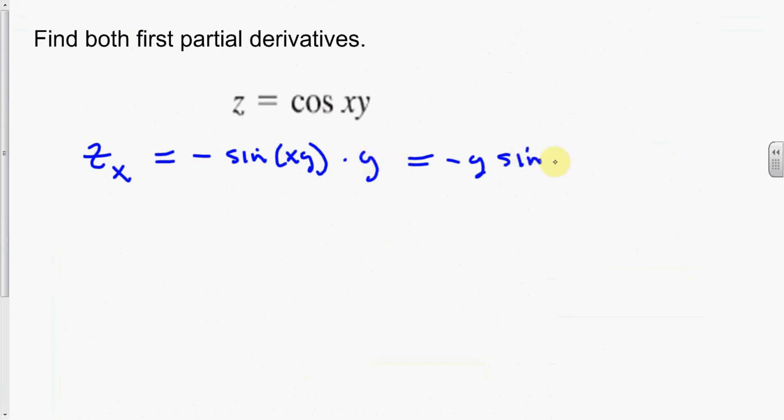So I'll do one more, then I'll give you one to do. The partial of z with respect to x is negative sine of xy times the derivative of xy with respect to x, that's just y. And I better write it correctly. This is negative y, so we don't get confused with that y on the back there.